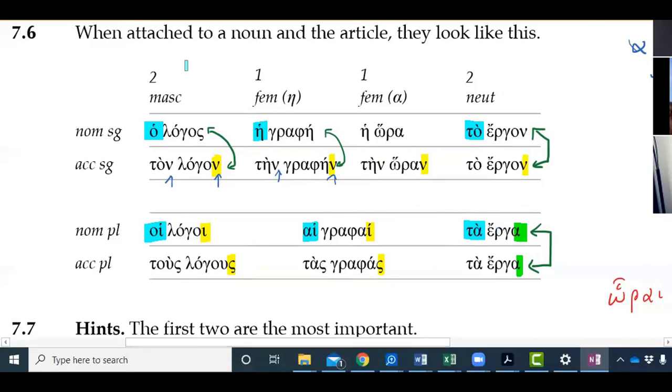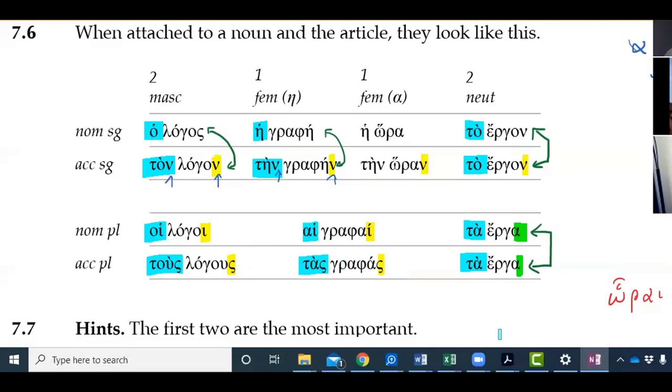So on the next sets that we're learning, ton, tain, ta, tous, tas, ta, none of those start with a vowel, do they? None of the accusative articles start with a vowel. So they all start with a tau. It's either you start with a vowel or you start with a tau. Okay, those are your two choices. If you have a tau, you always have to have a what? An accent mark. It's got to be an accent mark.